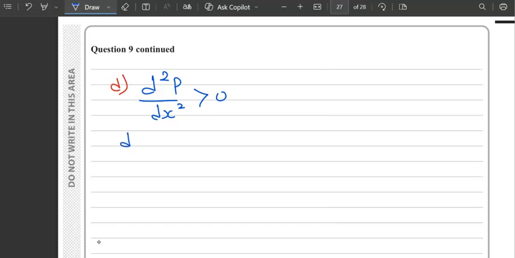So we know that you are given dp over dx to be equals to negative 20,000 minus 25 pi, x power negative 2, of course, plus 2 plus pi over 4.